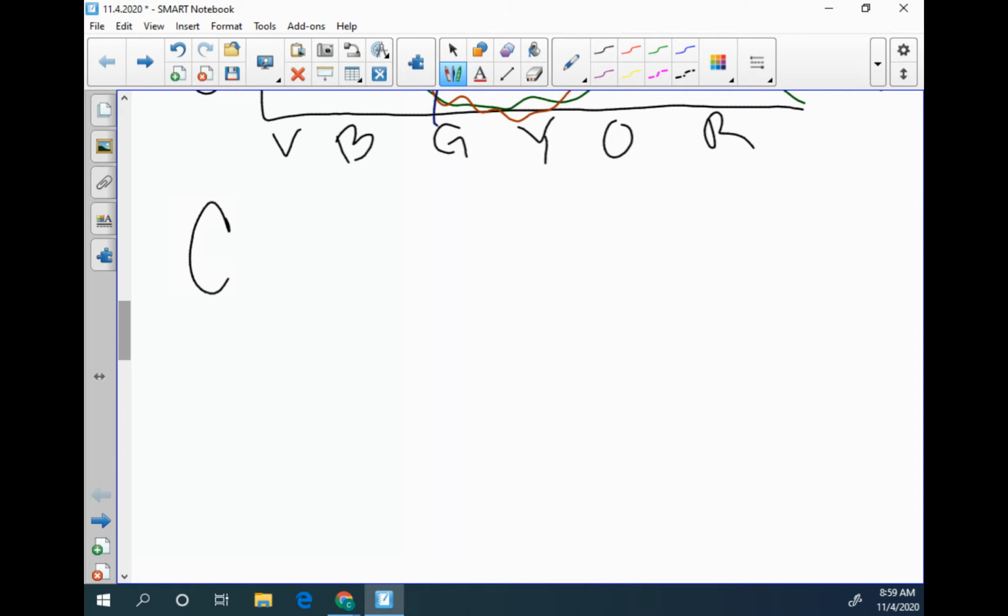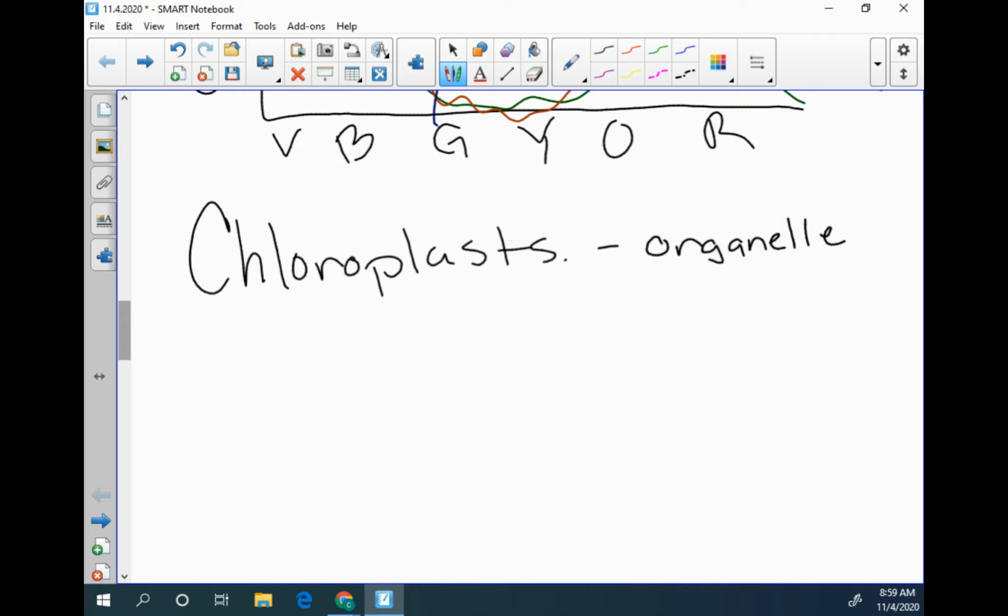Now we are going to talk about chloroplasts. Chloroplasts are the organelle that the chlorophyll lives in, that carries out photosynthesis. So chloroplast, the organelle where photosynthesis takes place.